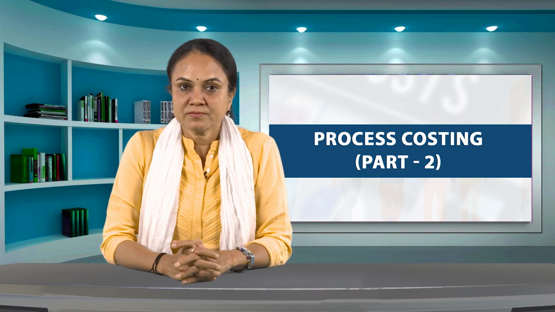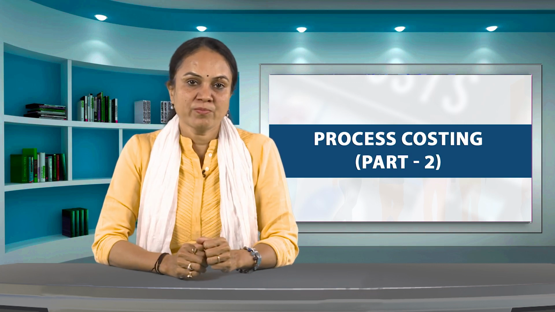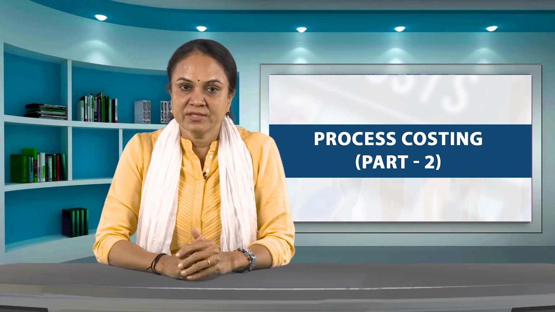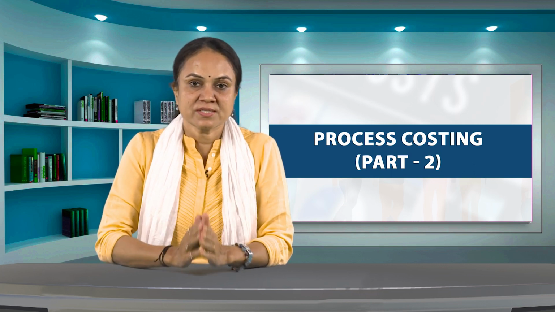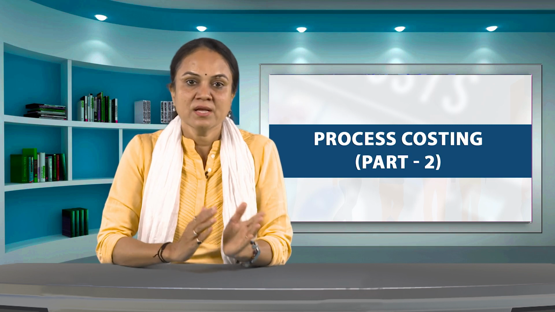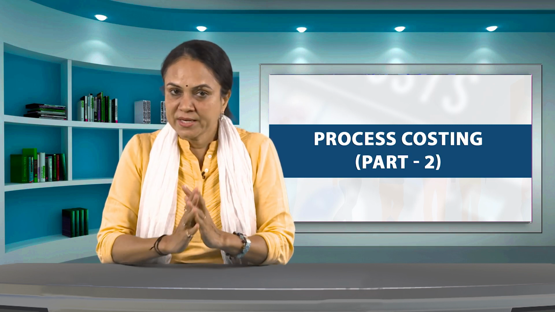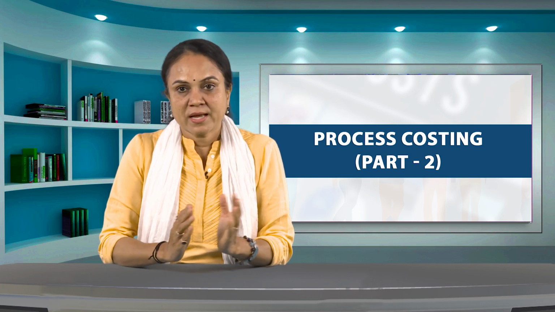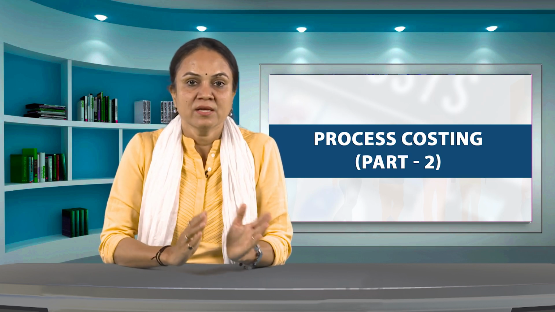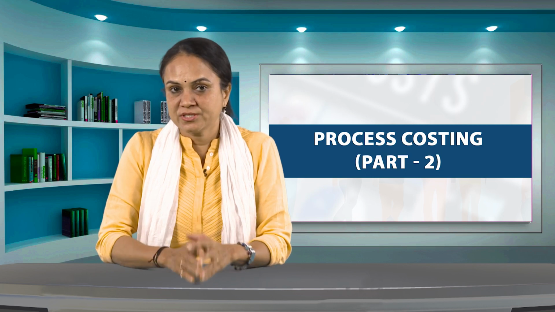In this part 2 of process account, we have dealt with first important aspects of process costing like normal loss, abnormal loss and abnormal gain. Second, studied about normal loss and abnormal gain with appropriate illustration.